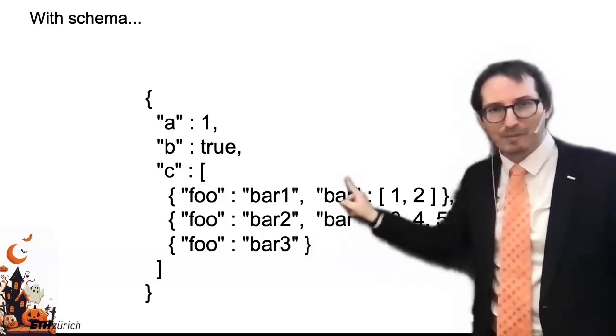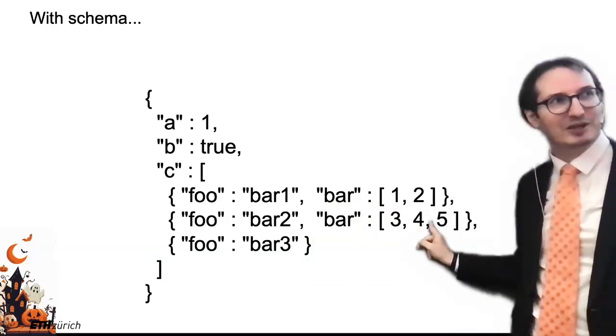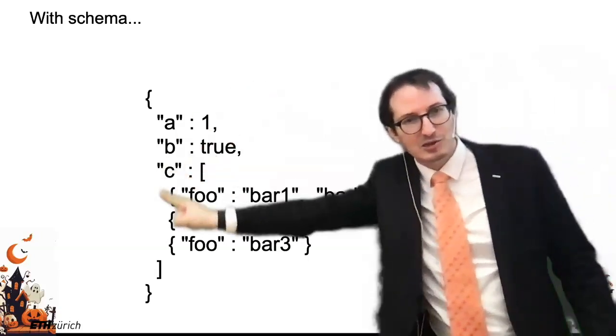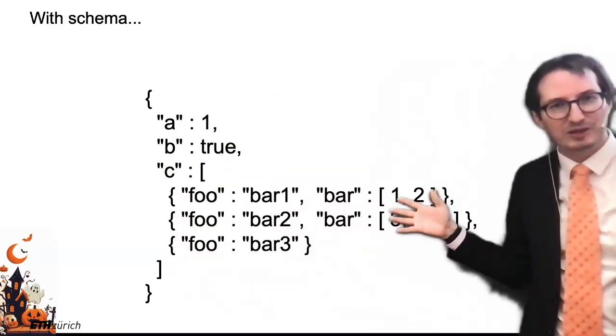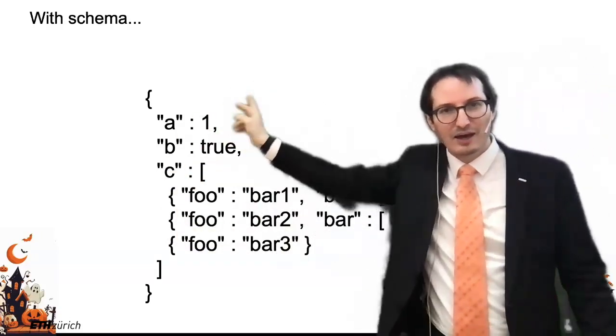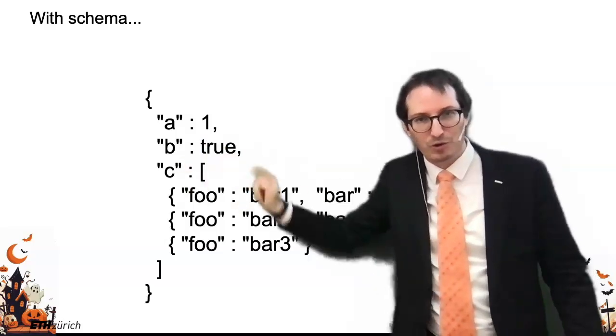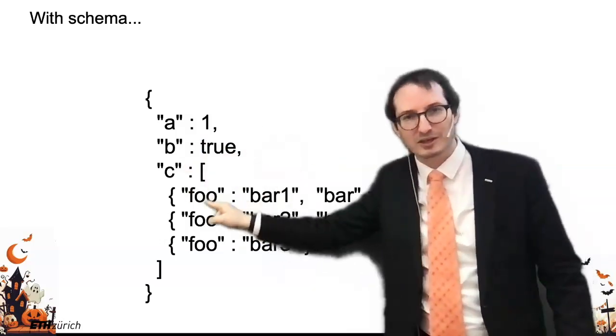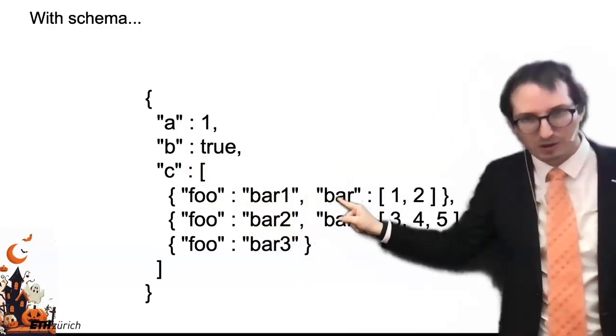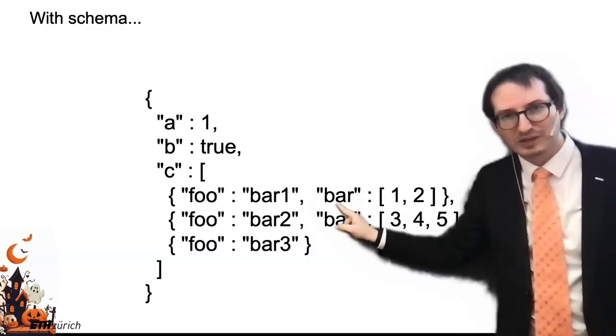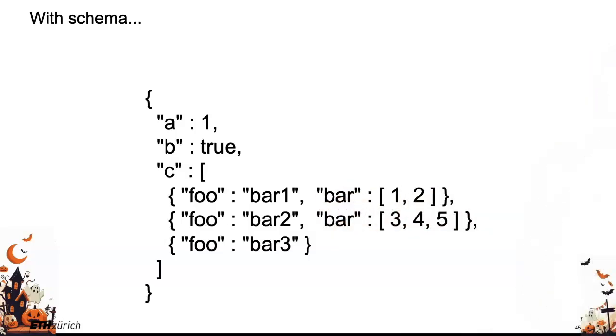It's not always there, but it's always associated with an array of integers. Do you see that here? I can very naturally define a schema saying it's an object. A is an integer, B is a Boolean, C is an array of objects, of which a required key is foo associated with a string, and an optional key bar is associated with an array of integers.